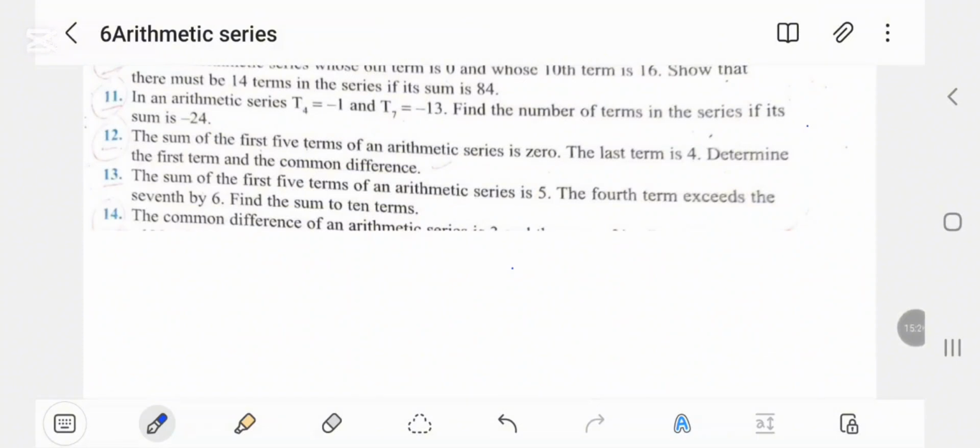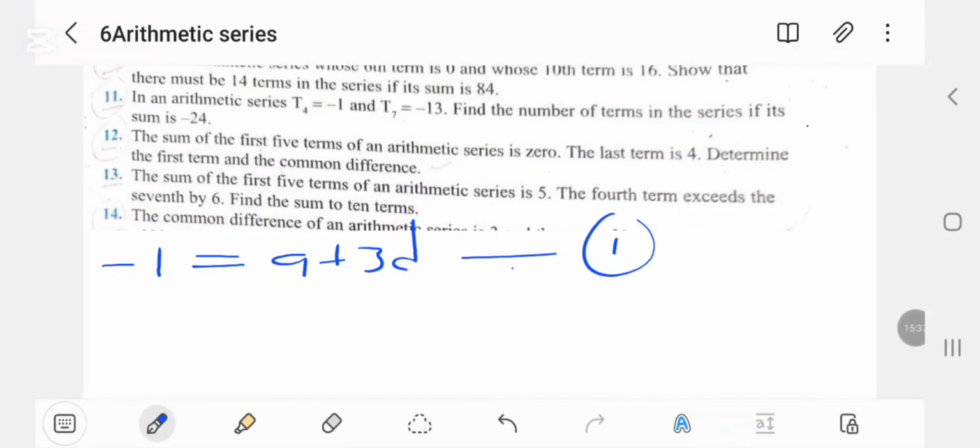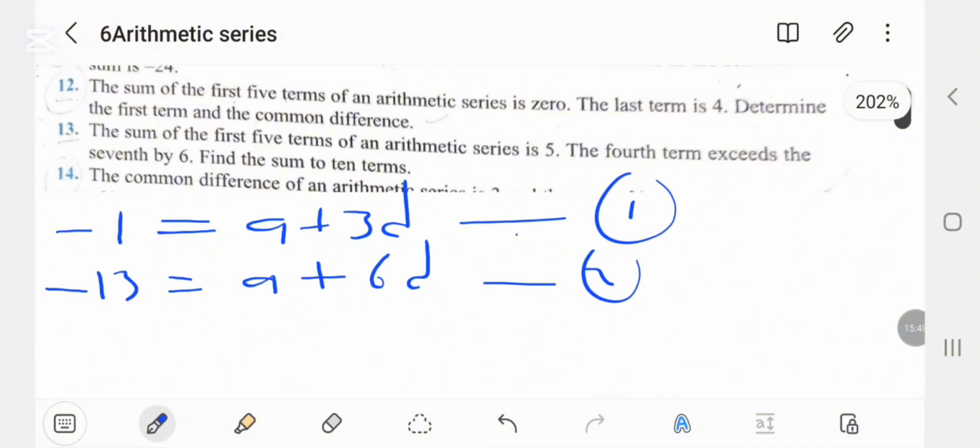So for 11 we have T4, which is minus 1, is equal to A plus 3D. That's equation 1. T7 is minus 13. We express T7 as A plus 6D. Equation number 2. So what's the question?